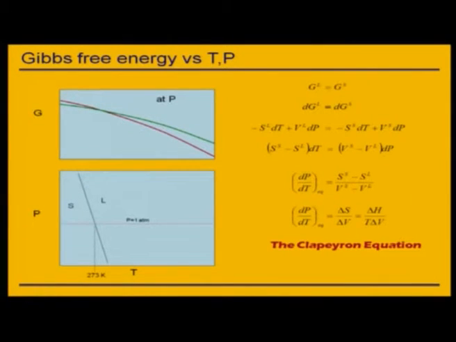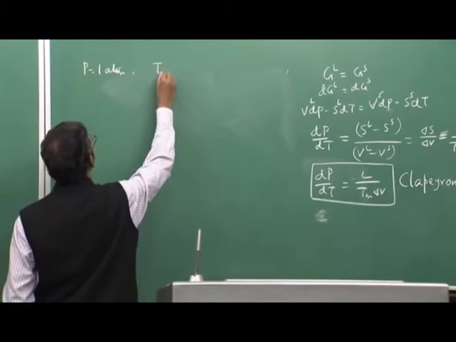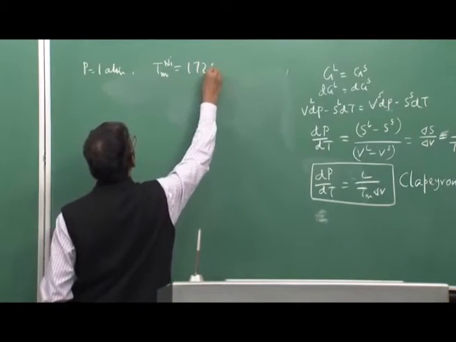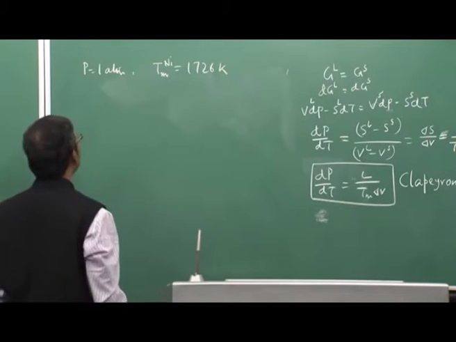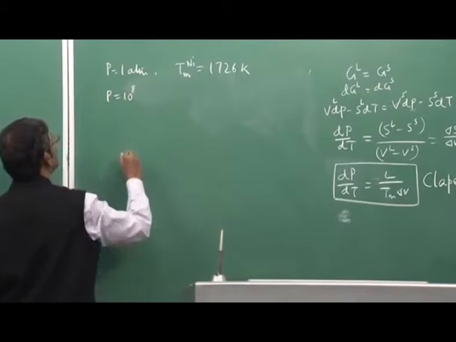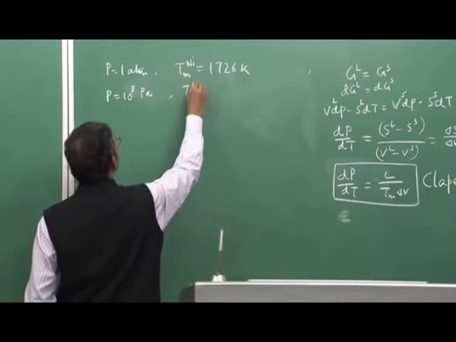Determine the melting point of pure nickel when it is acted upon by a pressure of 10 to the power 8 Pascal. So pure nickel melting temperature at 1 atmosphere is equal to 1726 Kelvin. Now if I apply a pressure of 10 to the power 8 Pascal, what will be its melting temperature?